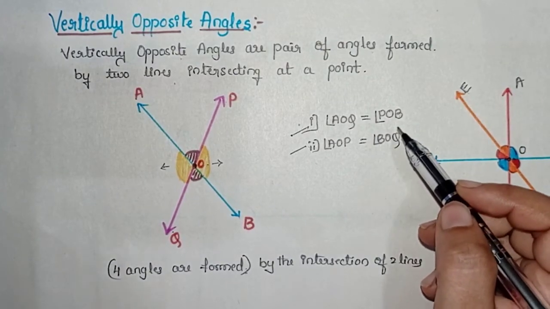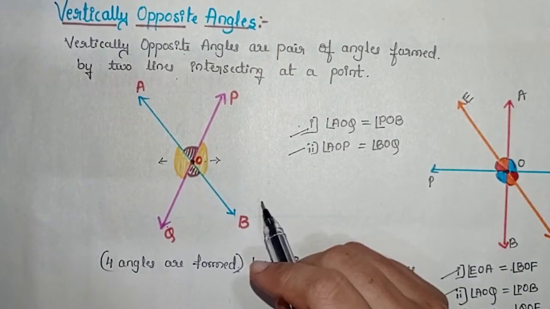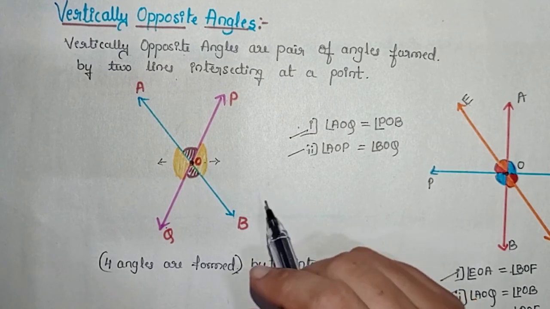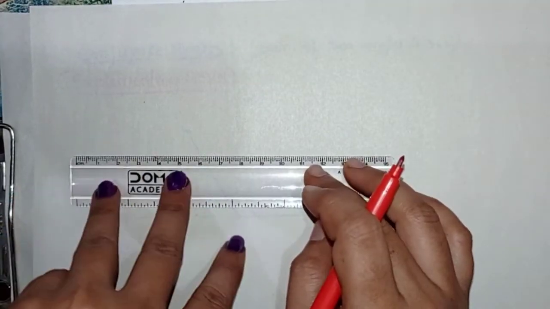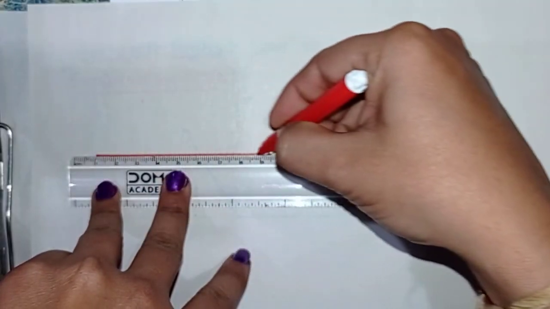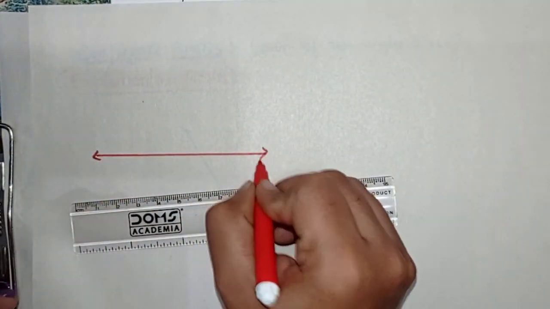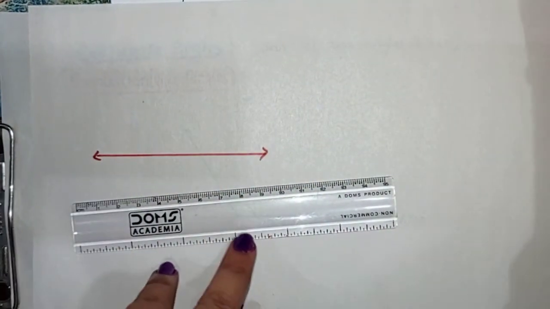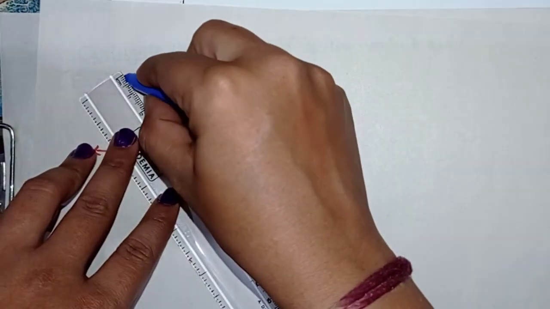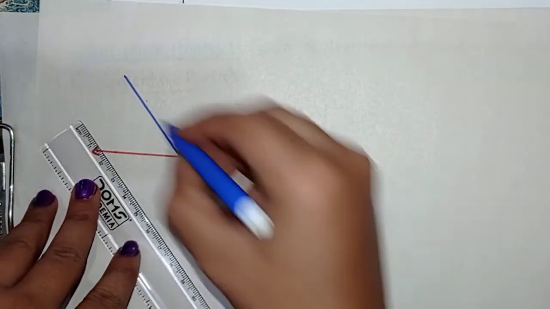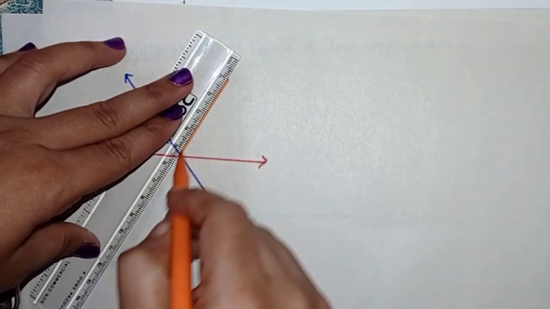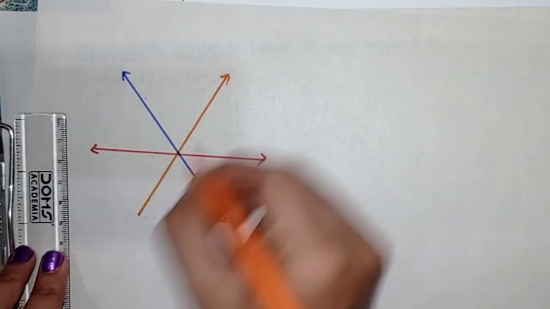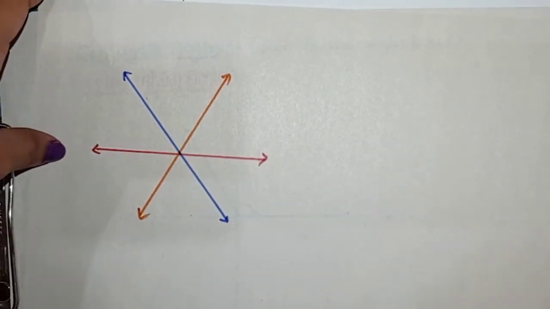Now next I'm going to give you one task so that you can find the vertically opposite angles and comment on the comment section. For the task, I'm going to take one line with red color, one more line with blue color, and another line with orange color, so that you can find it very easily.